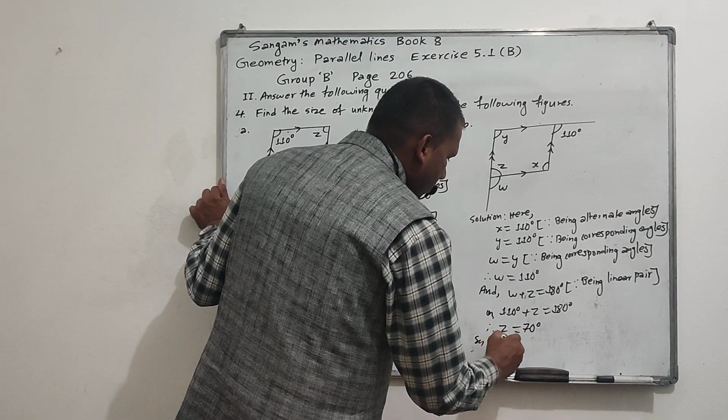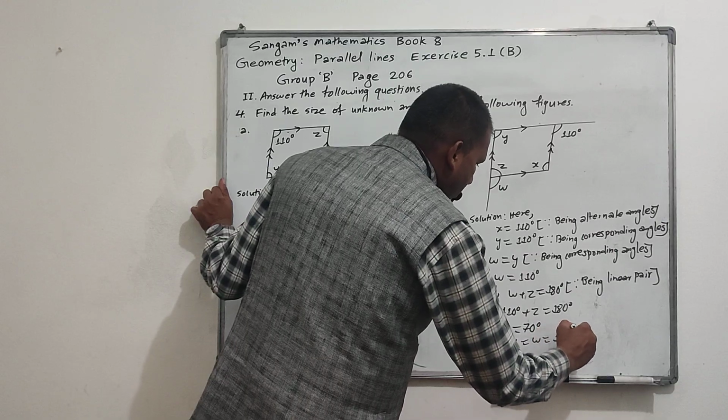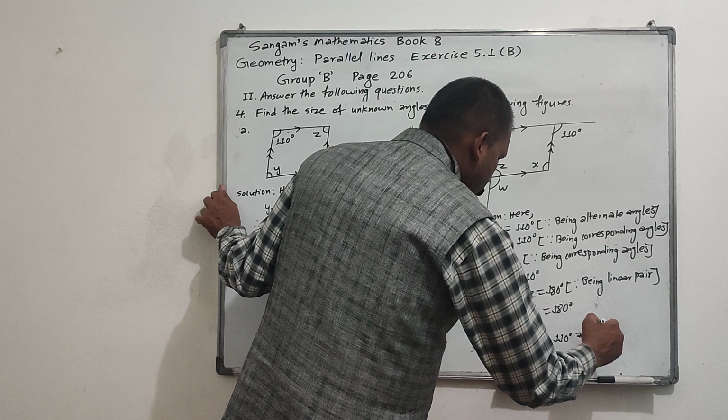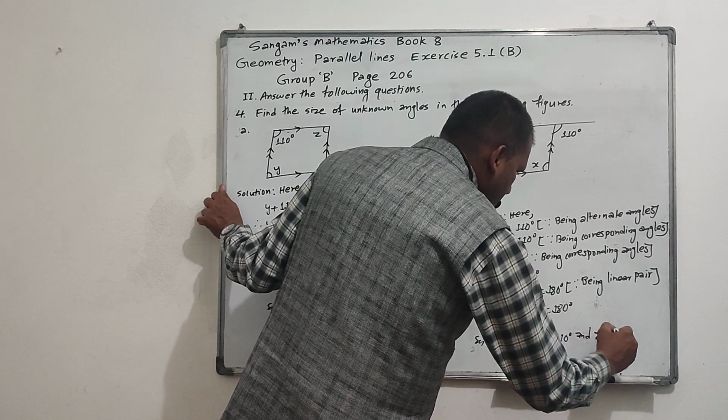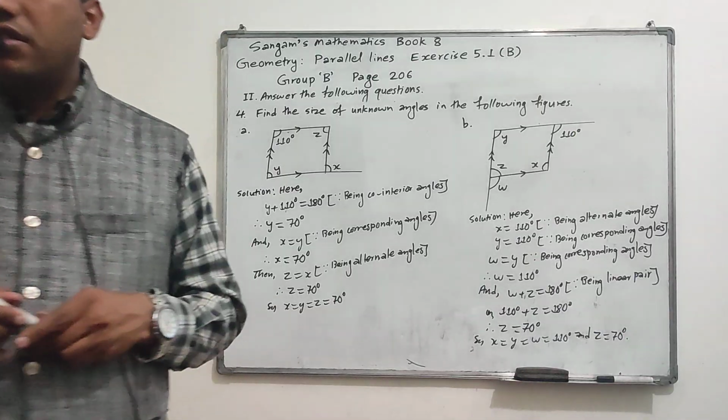So x equal to y equal to w equal to 110 and z equal to 70 degree. This is the answer.